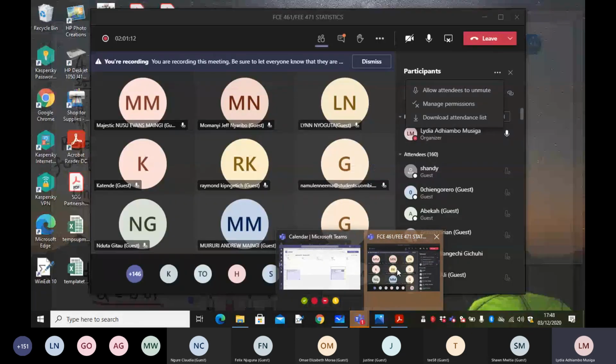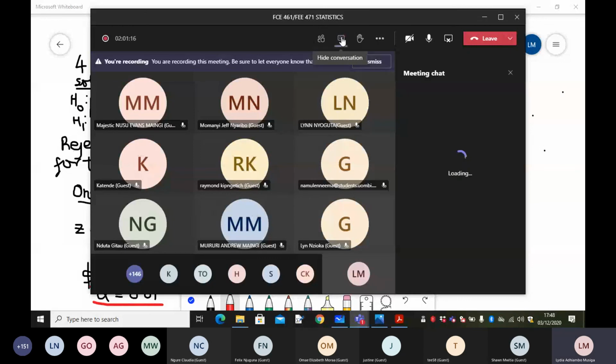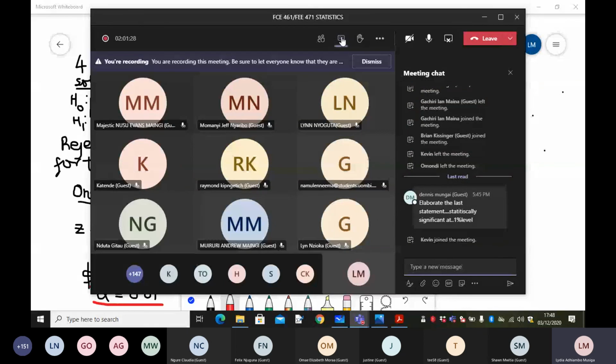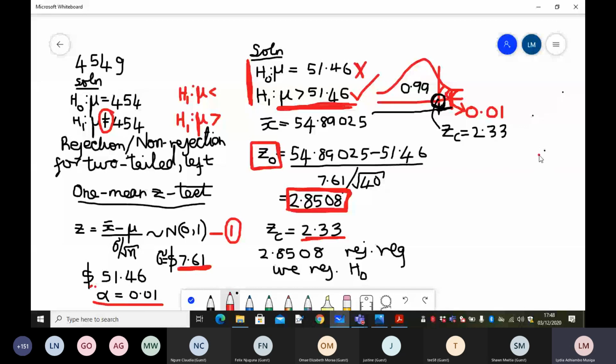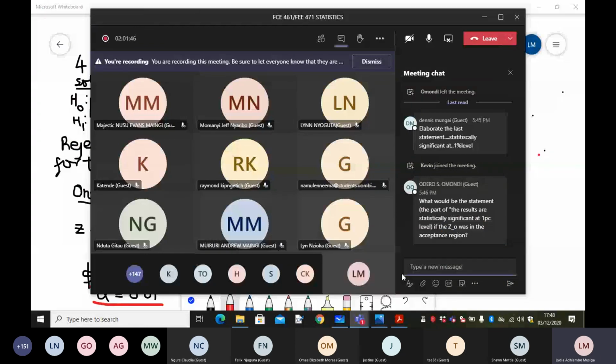Someone is asking a question. Dennis wants me to explain more about statistically significant at 1% level. In this example, we have rejected H0.